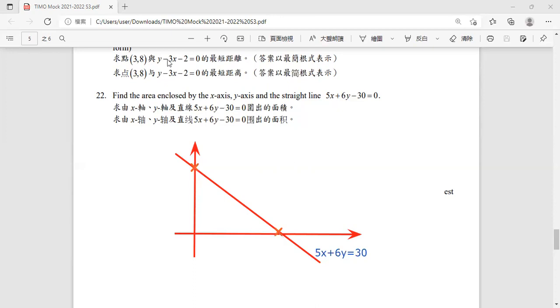But if you're smart enough, you can make something like this and divide the whole thing by 30: x over 6 plus y over 5 equals 1. So now you know that this is 6 and this is 5. If you are not familiar with this, I will tell you that this is called intercept form.